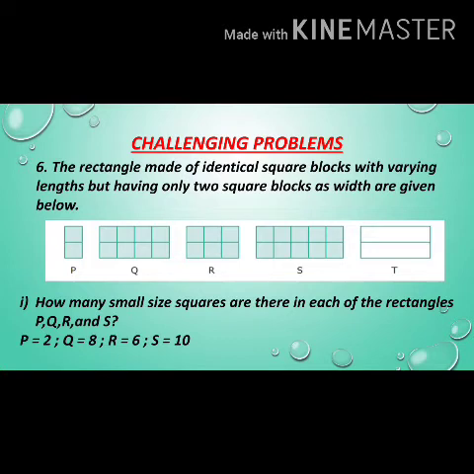In R, 1, 2, 3, 4, 5, 6. So, in R, 6 square blocks are there. In S, 1, 2, 3, 4, 5, 6, 7, 8, 9, 10. In S, 10 square blocks are there. In T, no square blocks are given. So, here no need to write the square blocks for T.